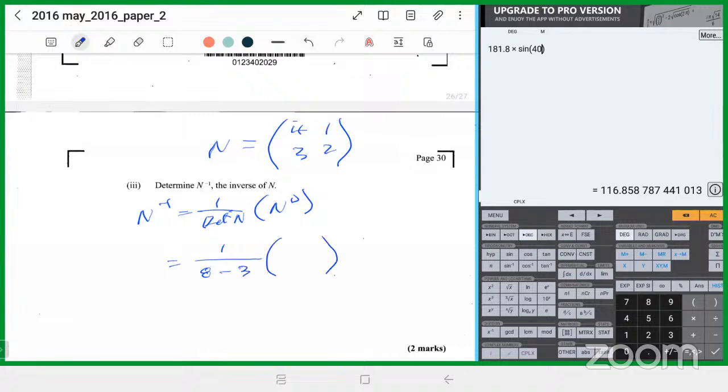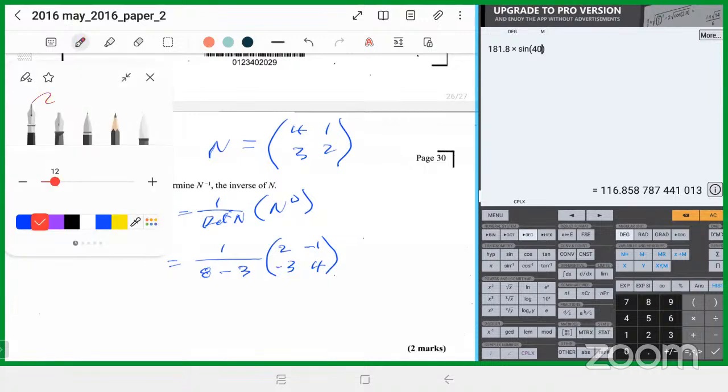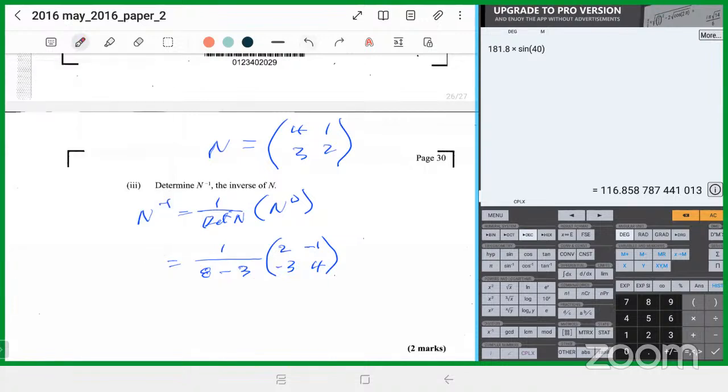Multiply by the adjoint. Or we do the adjoint. Interchange the elements on the first diagonal. Switch them around. So it becomes 2, 4. Leave the other 2 on the second diagonal and change the sign. So this 1 becomes a negative 1 here, and this 3 becomes a negative 3 there. And this under here right now is a 5. That's 8 minus 3 is a 5.